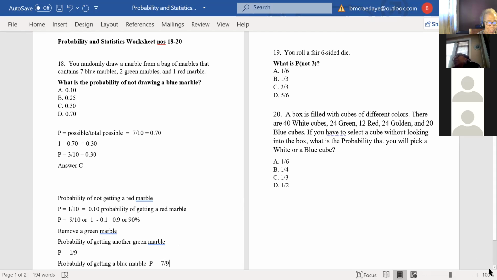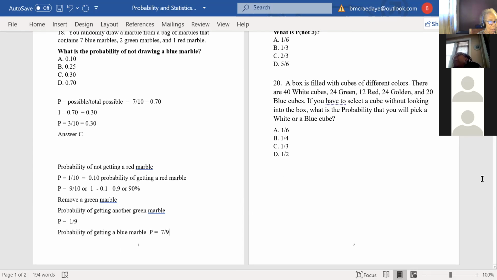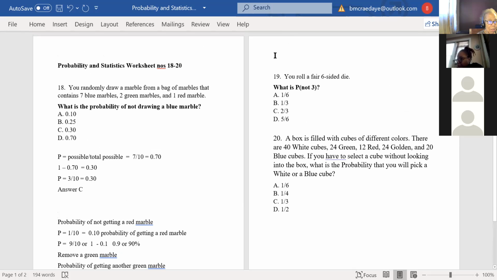Suppose I remove, let's go a step further, and we're going up to the next screen. Now I remove 1 blue marble and 1 red marble.